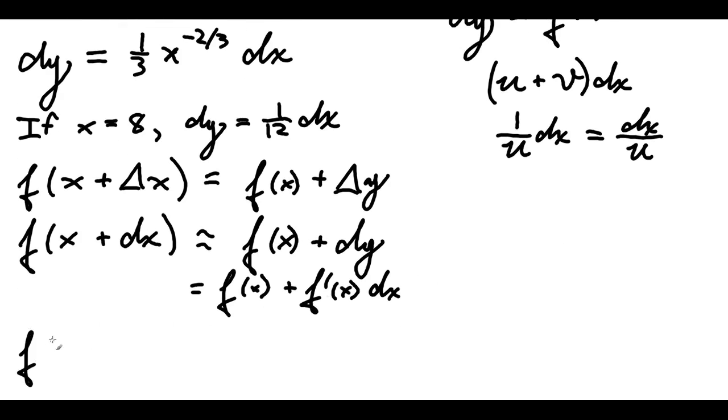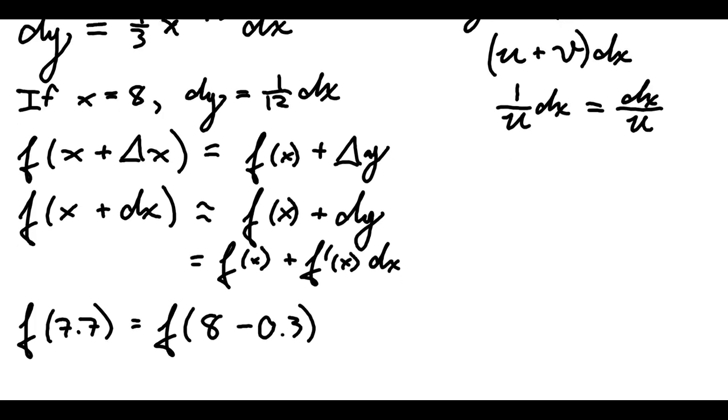We want f of 7.7. 7.7 is 8 minus 0.3, right?